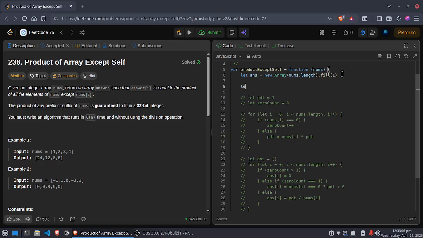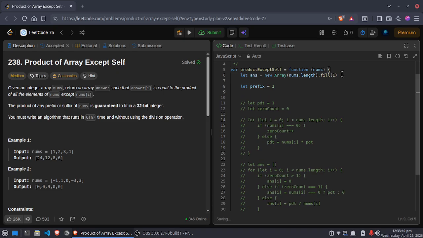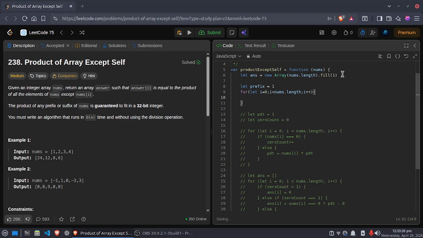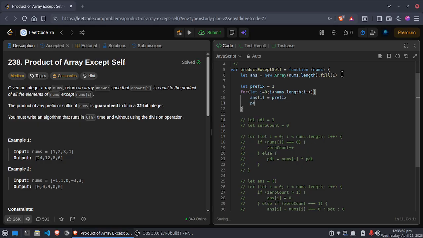Now let's first calculate the prefix array. For let i equal to 0, i smaller than nums.length, i plus plus, answer of i is equal to prefix, and every time we also update prefix as nums of i multiply prefix.